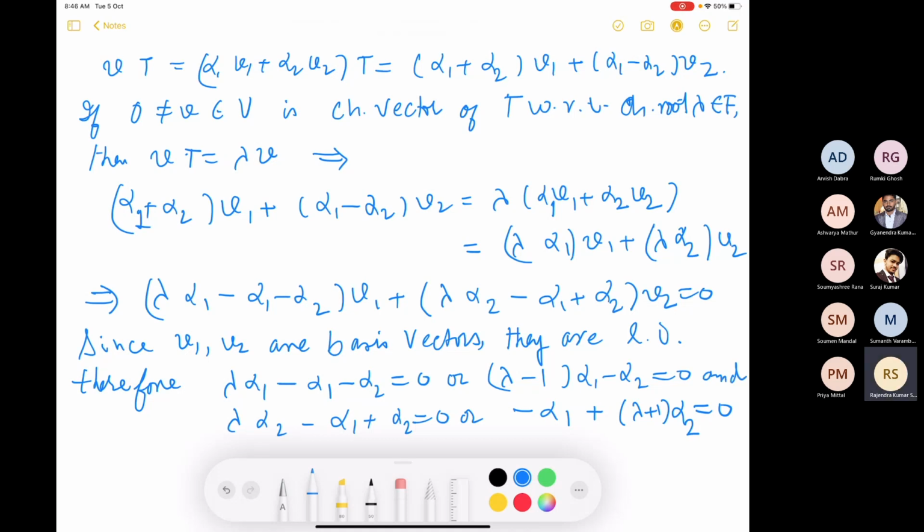So we have got a system of linear equations in alpha 1 and alpha 2. This system has a non-trivial solution because we are looking for a non-zero vector v. So alpha 1, alpha 2 must not both be 0 at the same time.